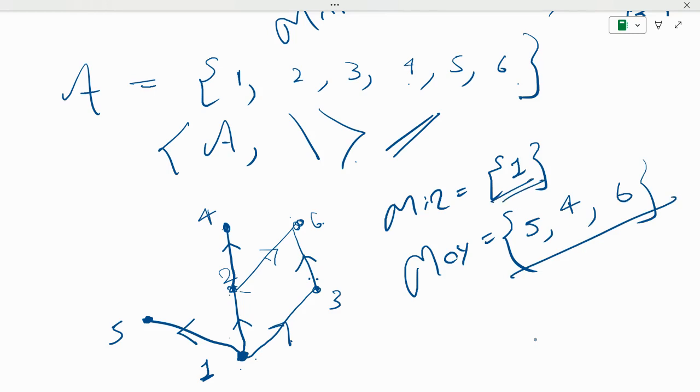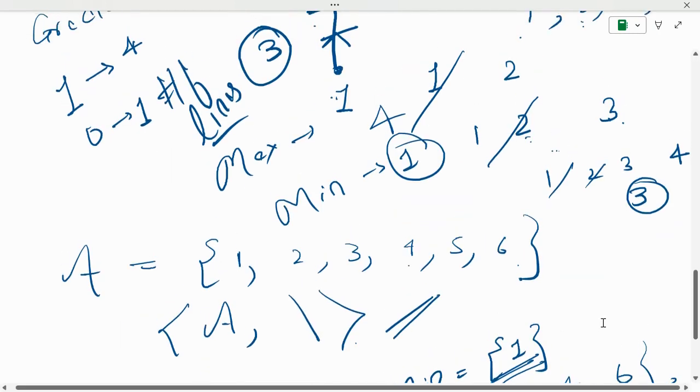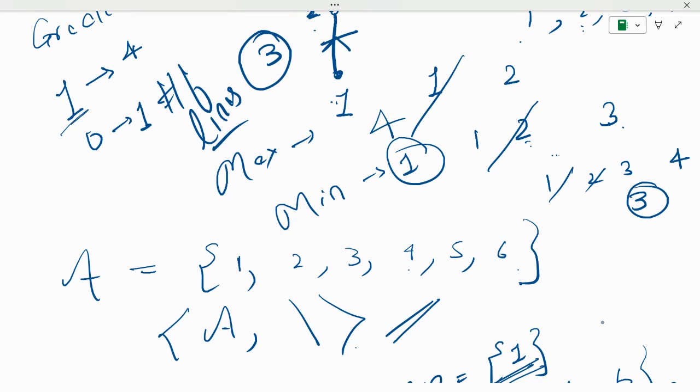Now, if we represent 1 and 0, 0 means we are taking the minimum, and 1 stands for the greatest. So here I have already written that 1 is the greatest and 0 is the least.